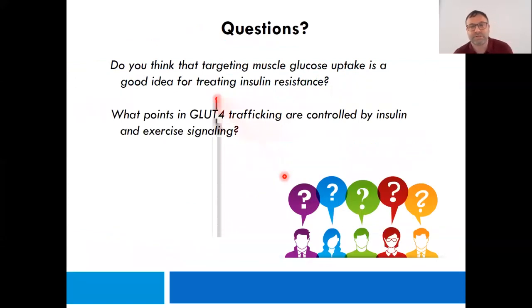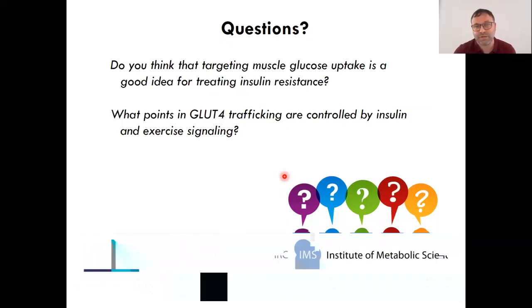We were asked to finish our presentation with a couple of questions for discussion. I think one that I always get asked, and I think is a really interesting question to discuss, is in insulin resistance, do you think it's a good idea to target muscle glucose uptake for treating insulin resistance? And when discussing this, it would be interesting to think, okay, well, it's a defect, so maybe overcoming it's a good idea.